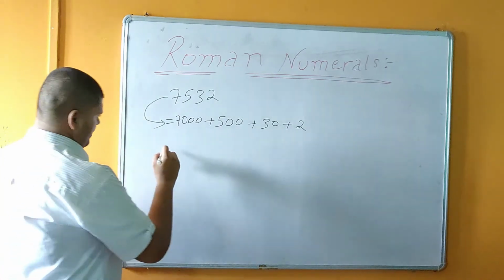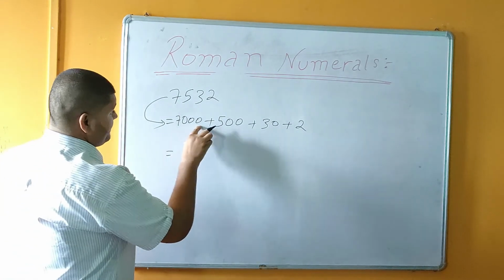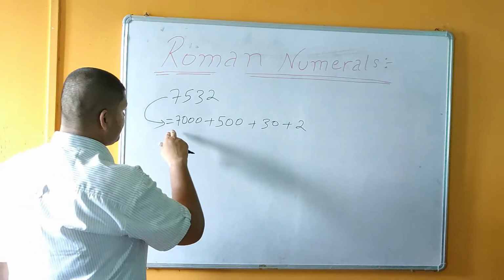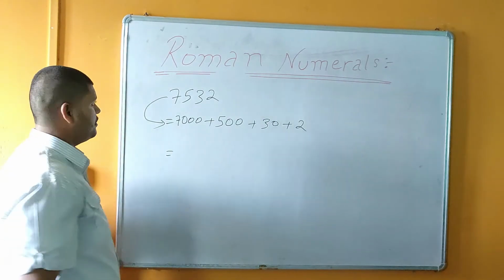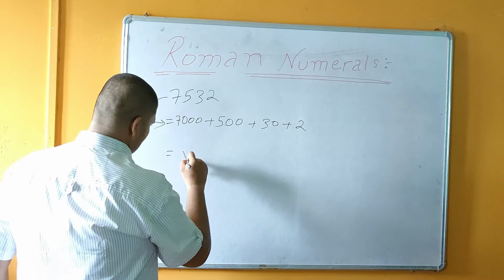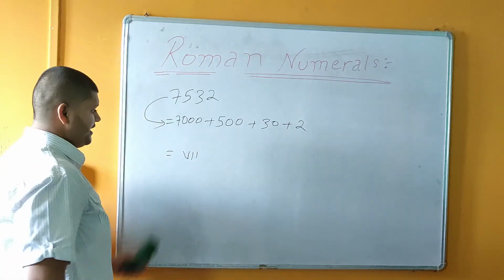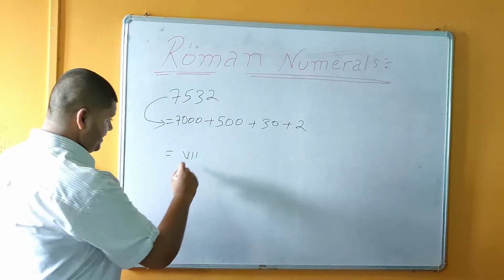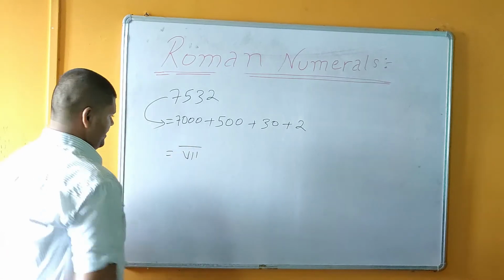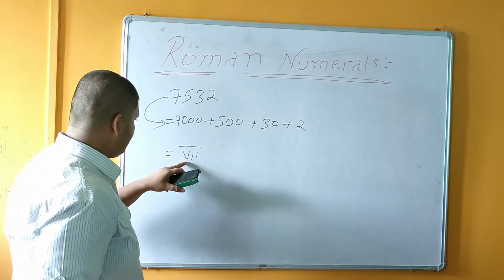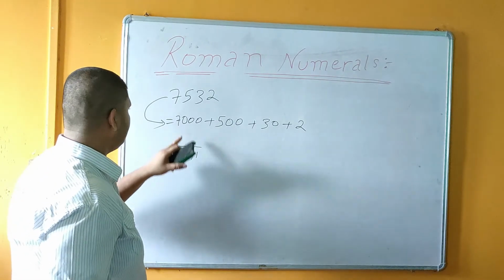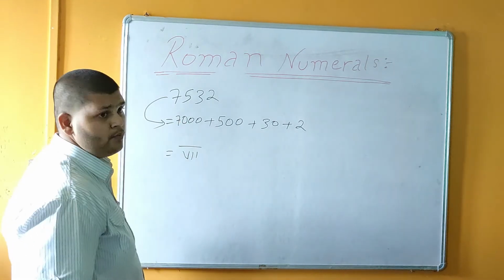After splitting, you have to do the conversion. This is 7000. So how do you represent this 7000 in terms of Roman? Simply you have to write 7, and you want to make it 7000, so simply put a bar. This bar means multiply by 1000.